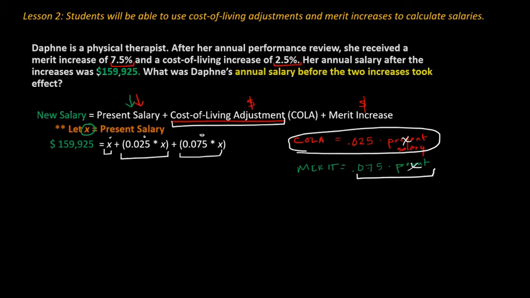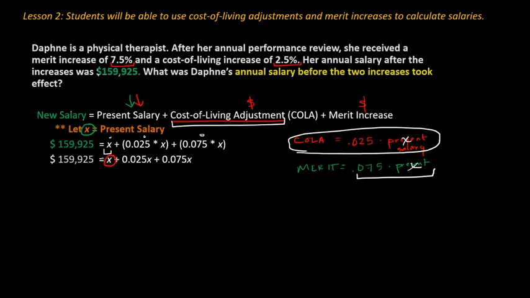Okay, so the big trick for this one, because I feel like most students can get to this step from memory pretty well, is that the common mistake happens when you're simplifying. We have x plus 0.025x plus 0.075x. The common mistake is forgetting that x has a coefficient of 1.